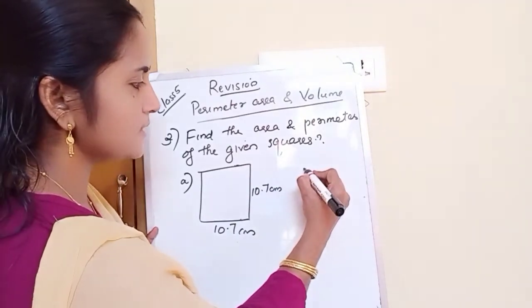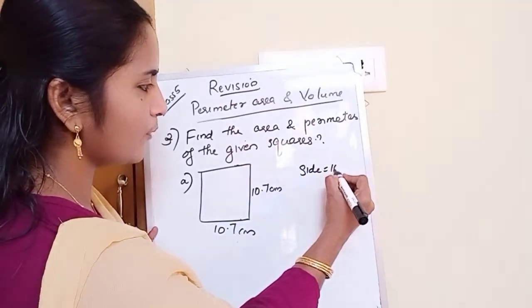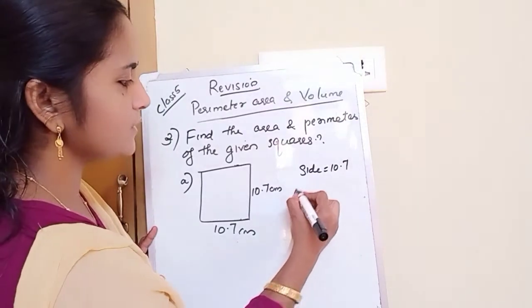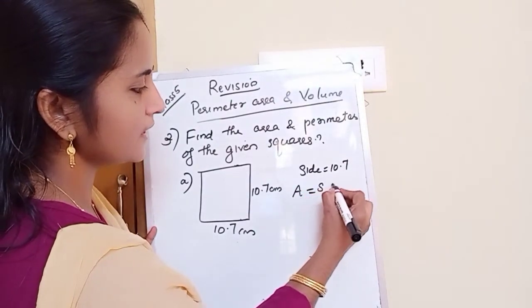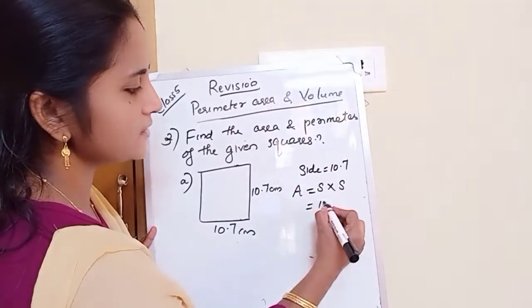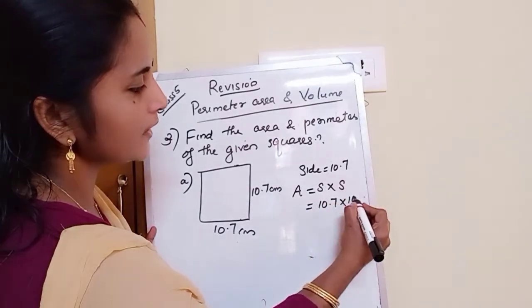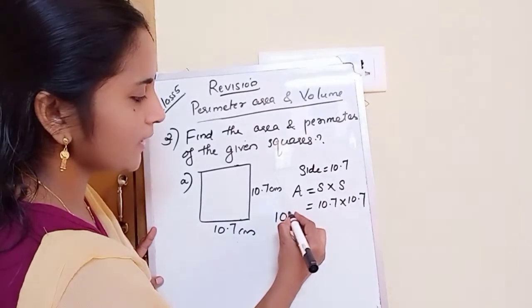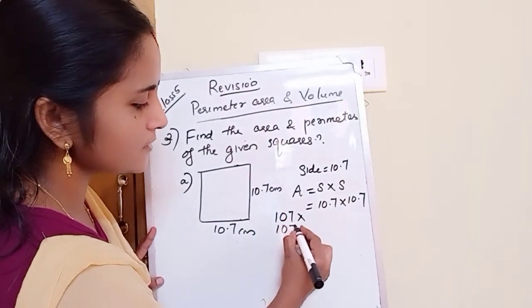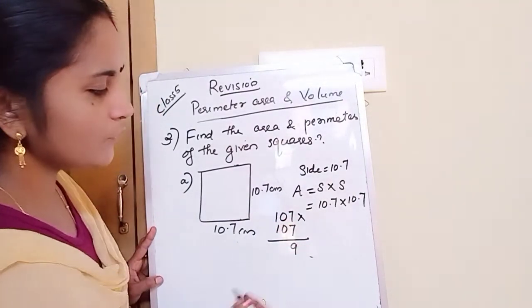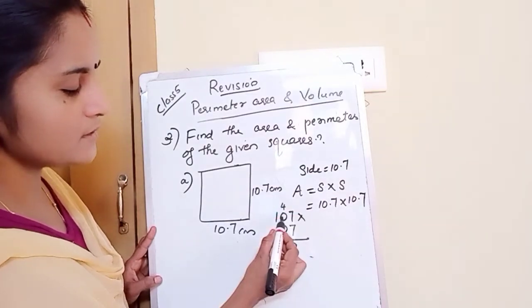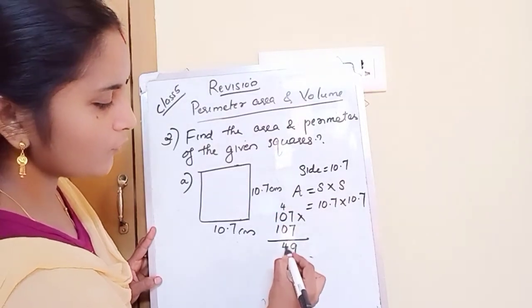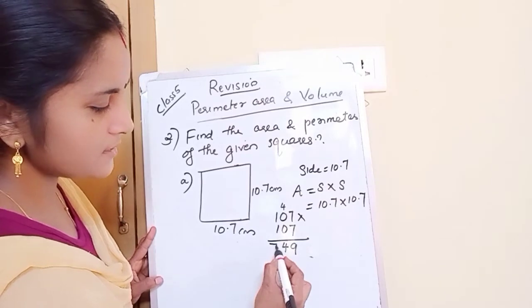So one side is given as 10.7, and first we find out the area, that is side into side, that is 10.7 into 10.7. Then you multiply this by considering it as normal numbers. 7 sevens are 49, carrying 4, 7 into 0, 0, plus 4, 4, 7 ones are 7.